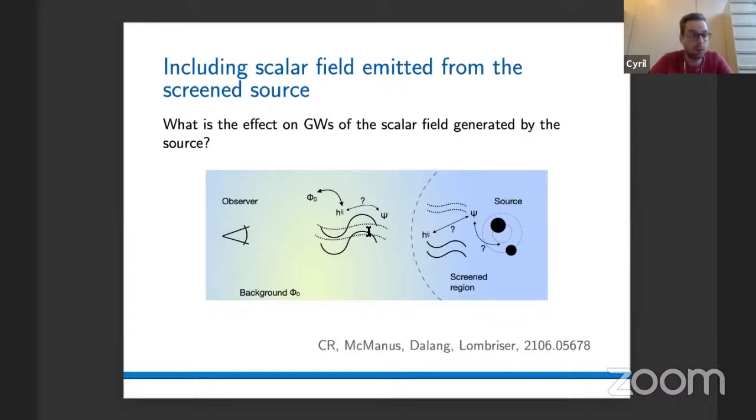And once both waves reach the unscreened region, the scalar wave is not screened anymore and might interact in a significant way with the gravitational wave while it's traveling to us. So my goal here is to present how we calculate those three contributions from the scalar field.